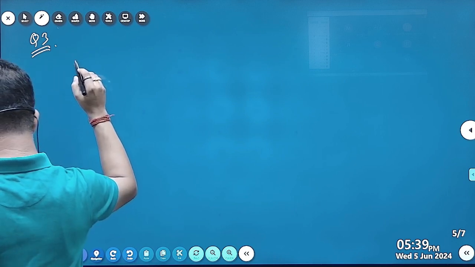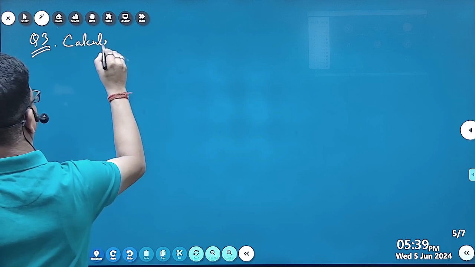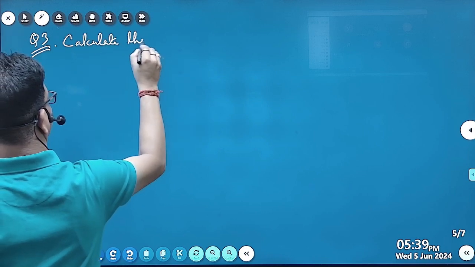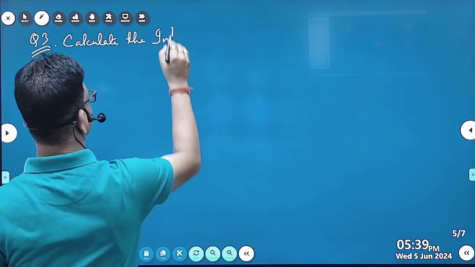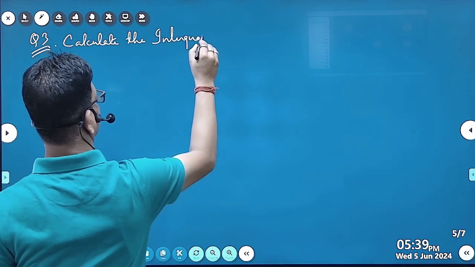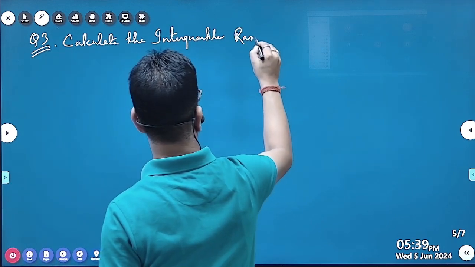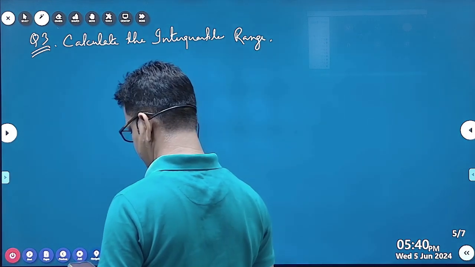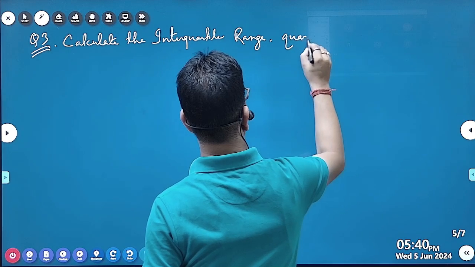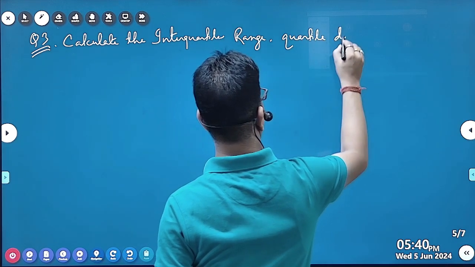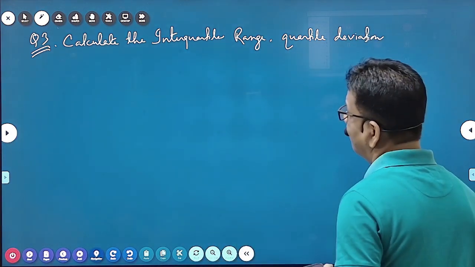Calculate the interquartile range. Quartile deviation. Your basic aim is to get the Q1, Q3.